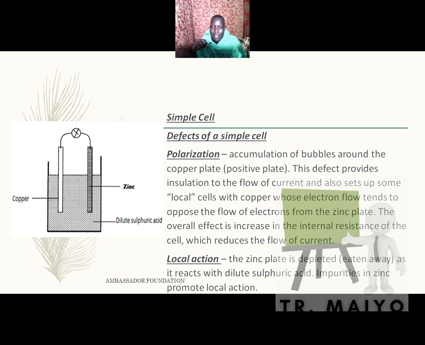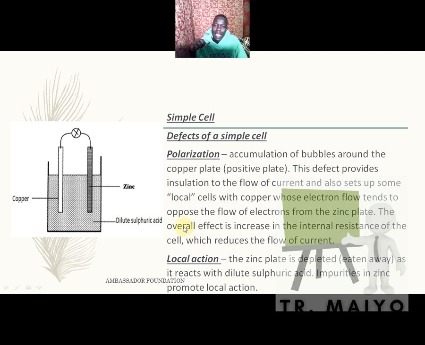And air, when I was mentioning the conductors of electricity, you didn't hear me talking of air because it is not one. So when they accumulate around the copper plate, this part, then it means they are going to prevent current flowing. We call it in physics internal resistance.